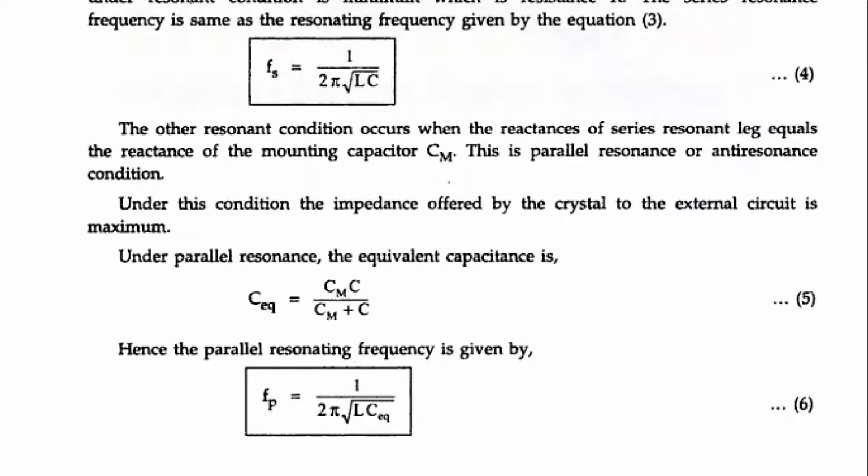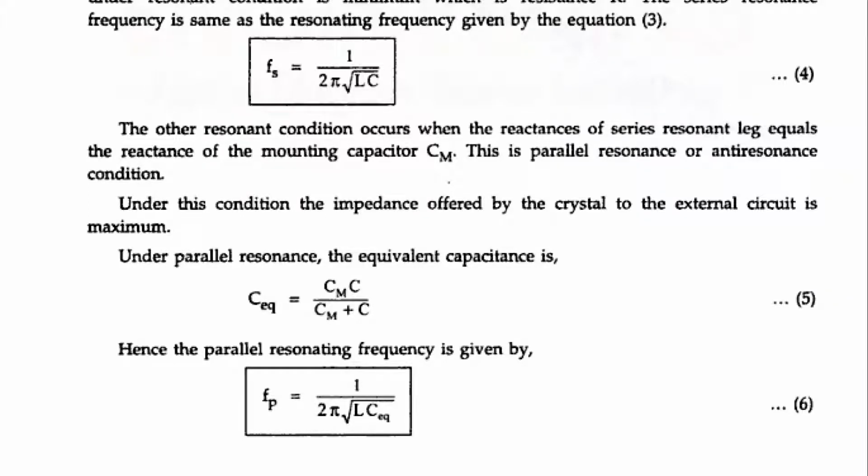If Cm is much greater than C, as your friend says, then in the denominator, what can I neglect?